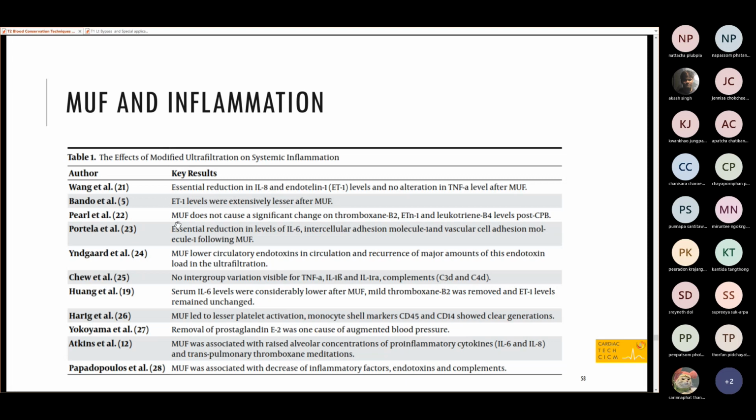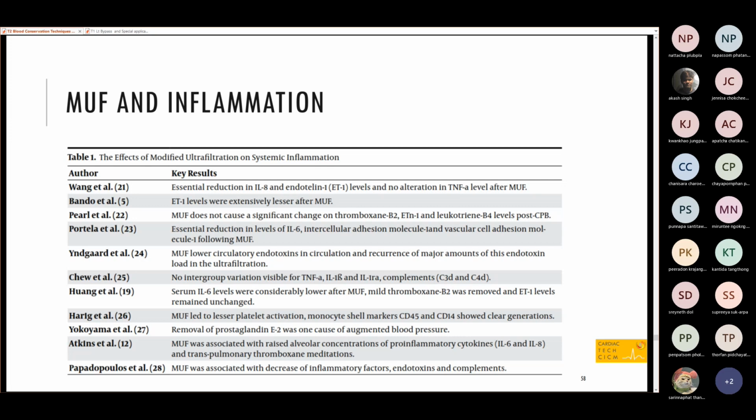Here is a supporting study that looked at how to use the MUF and measured the inflammatory response afterward. It is helpful for high-risk patients, like small patients, neonatal or pediatric cases. Most centers in Thailand and worldwide prefer to use MUF a lot in pediatric cases.